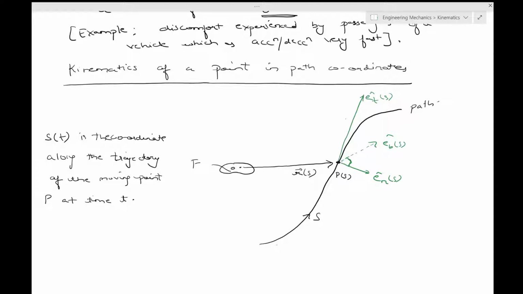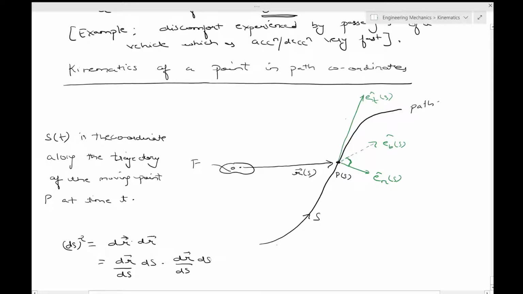So this is a right-handed triad of unit vectors Et, En, Eb at the location S, as shown in your figure. And you can say that ds squared is equal to dr dot dr, which is equal to dr by ds times ds dot dr by ds times ds.